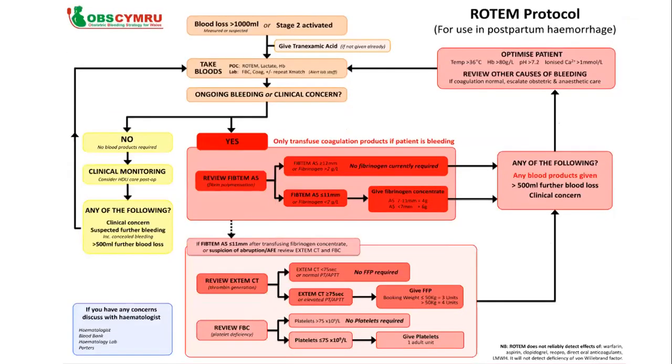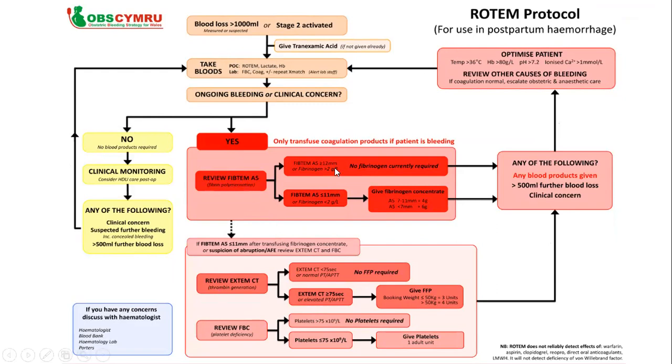And because we have a ROTEM protocol for use in postpartum hemorrhage that has been advocated by the OBS Cymru, the Obstetric Bleeding Strategy for Wales, this protocol is really amazing. It depended on the readings from the ROTEM and the FIBTEM specifically, the fibrin polymerization.